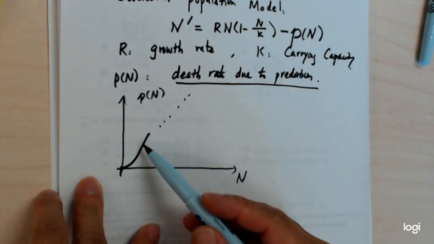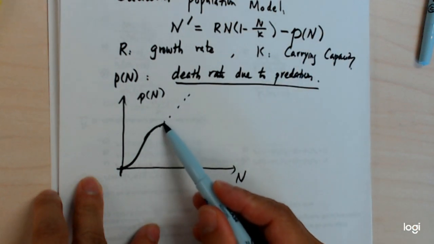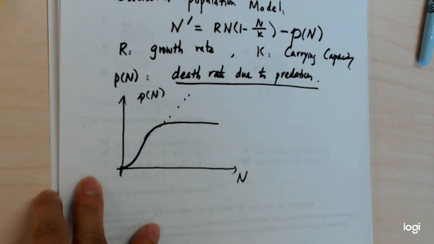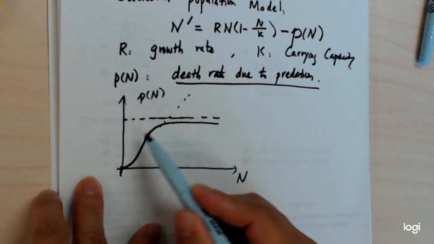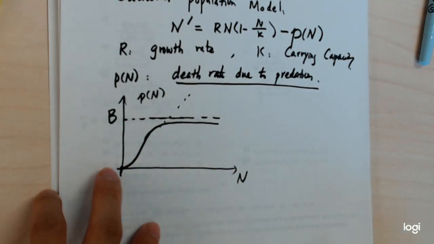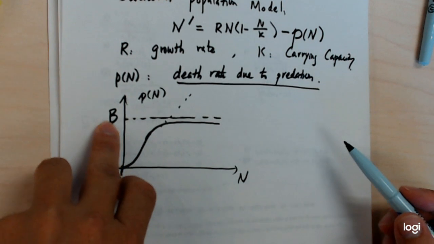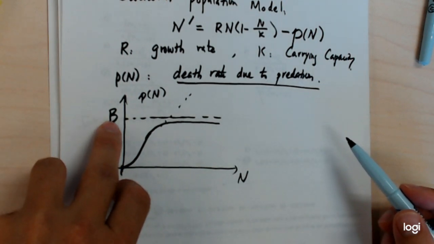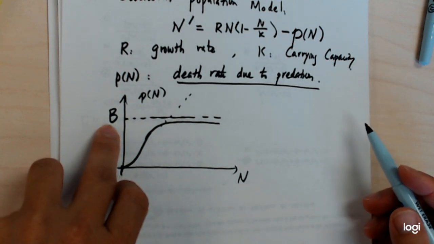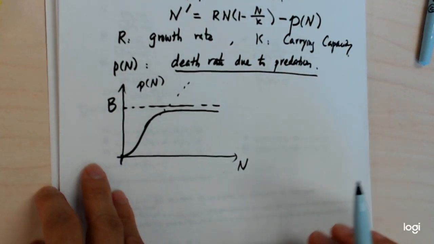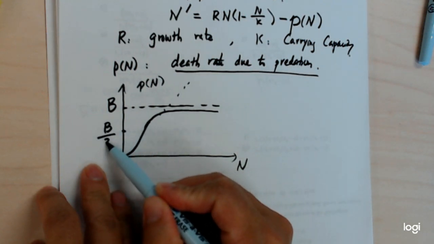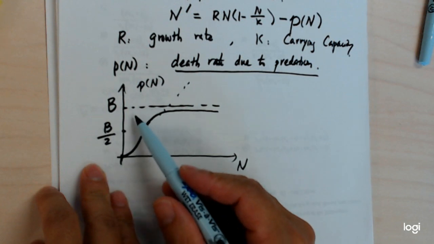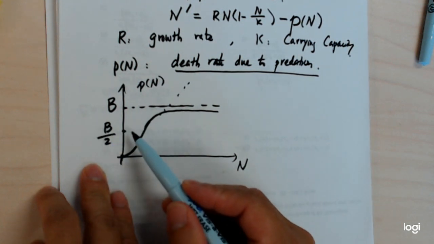So the death rate eventually will become saturated at a steady level. This steady level, we call it B. This is the maximum killing rate, because the birds simply don't need that many. And somewhere is the half killing rate, half of the maximum killing rate, B over 2.